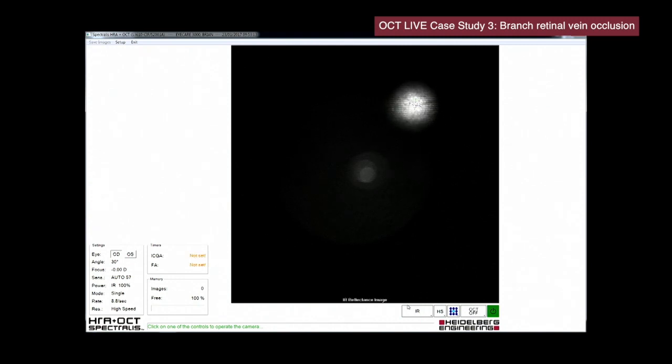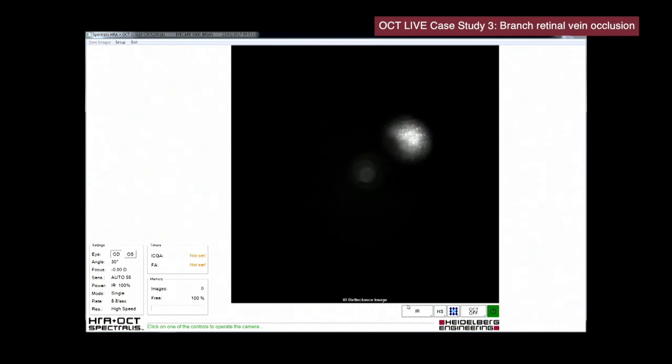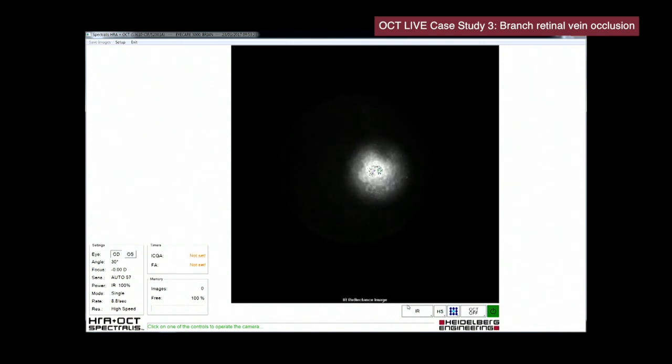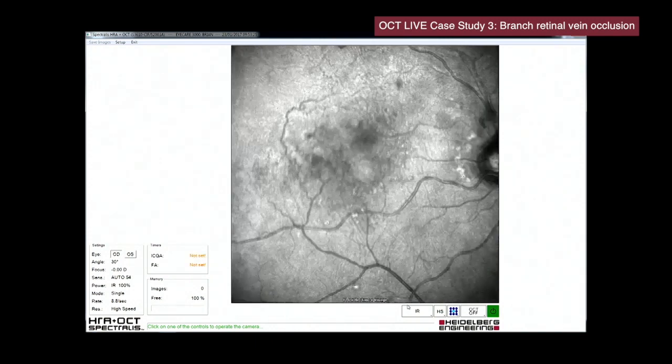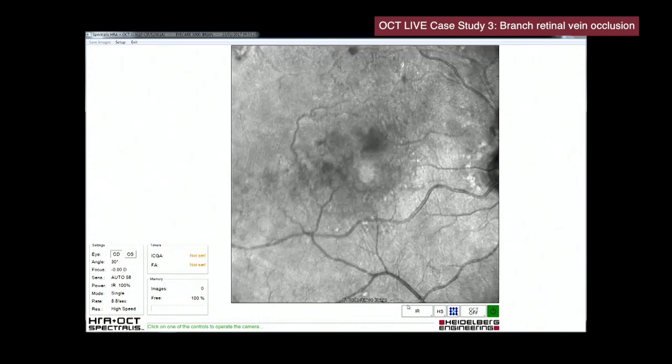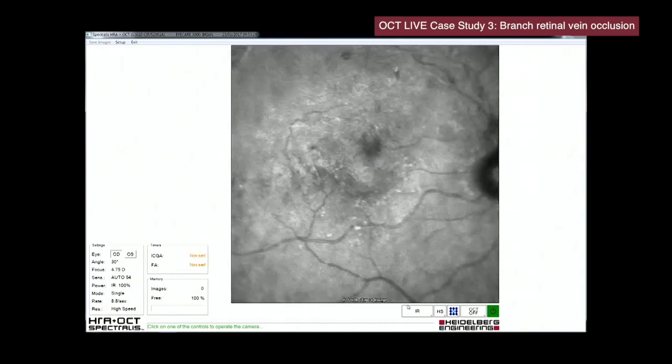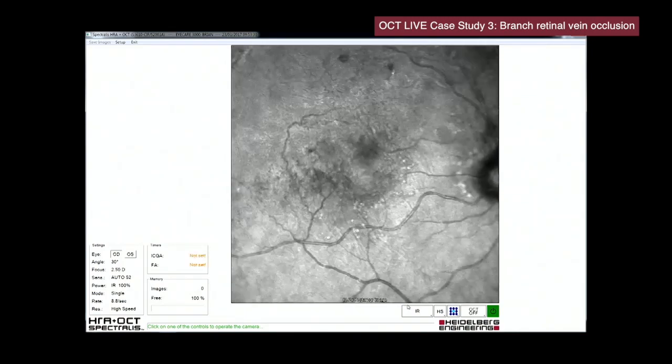So we're going to start out just using fundus imaging. Okay, and again we see the power of infrared reflectance in identifying the obvious structural changes.